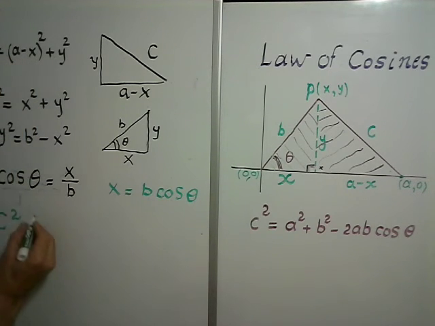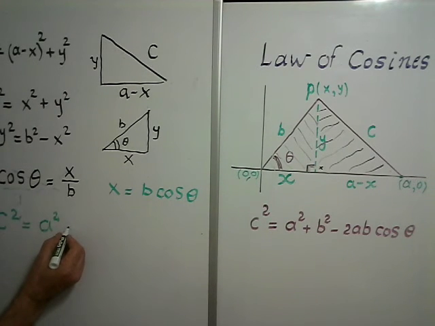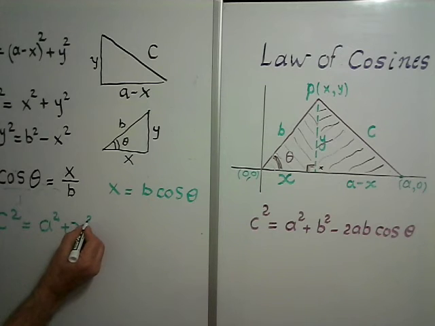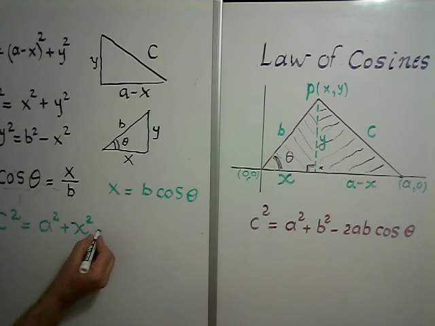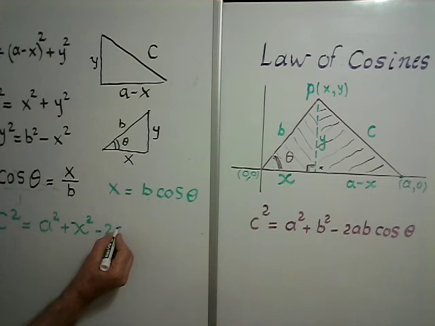The first one is a squared, then plus x squared, then negative or minus 2ax.